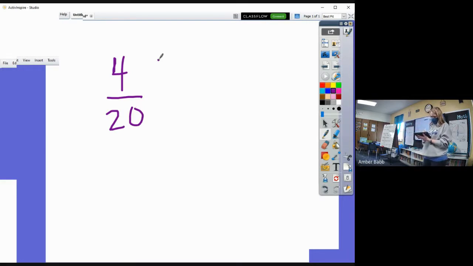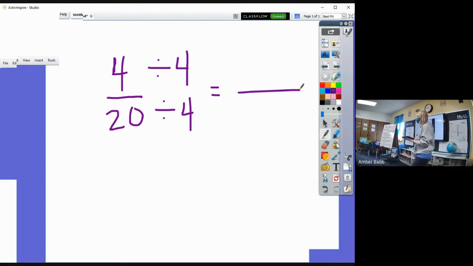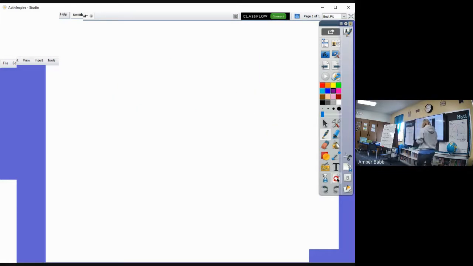It's going to be 4, because I can divide the top and the bottom evenly by 4. So what would I get, friends? 1/5. 4 divided by 4 is 1, and 20 divided by 4 is 5.